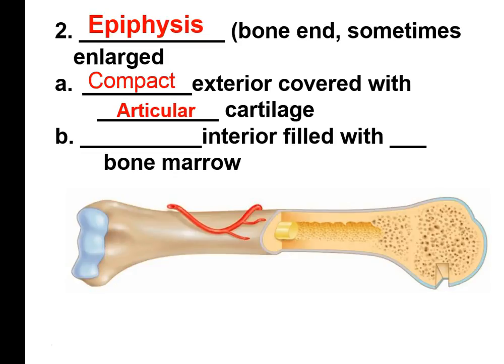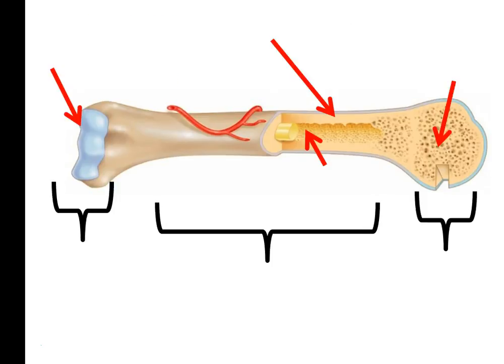This is going to help when one bone joins or articulates with another bone to have a smooth surface. Then when we go interior, there's not a cavity like we saw with the shaft, but this is where we find spongy bone. Spongy bone filled with red bone marrow. So at the epiphyseal ends, inside the bone, we have spongy bone tissue filled with red bone marrow.